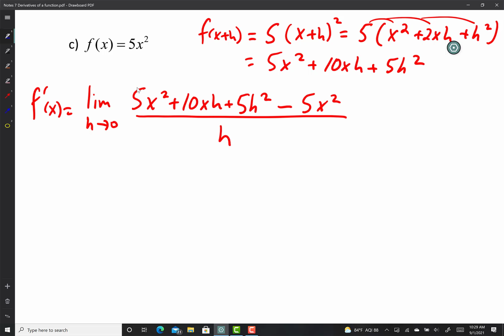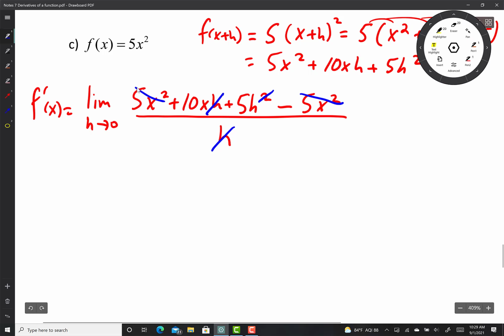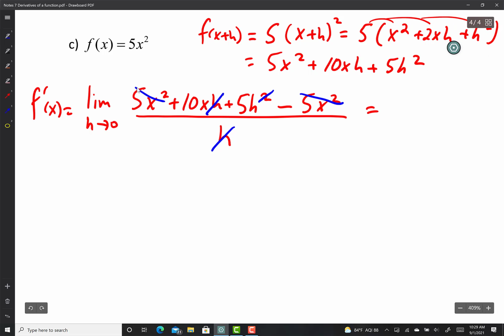You're going to zero out the 5x squared. And now that all the terms have an h on them, I can cancel out one of those h's. And h is approaching what? 0. So then that means I'm going to have just 10x. So my derivative is just 10x.